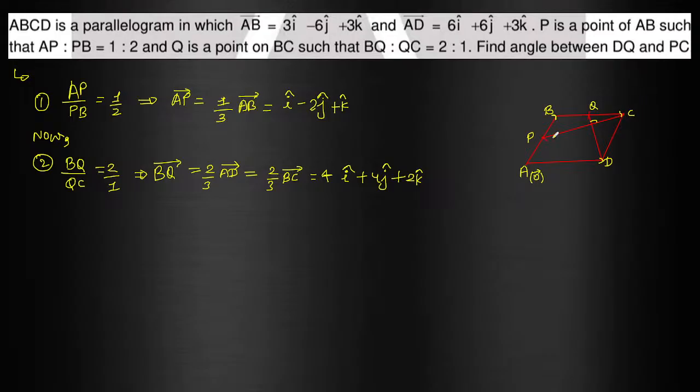We have P to C. Okay, we know AP, we know PB. So PB vector plus BC vector is equal to PC vector.